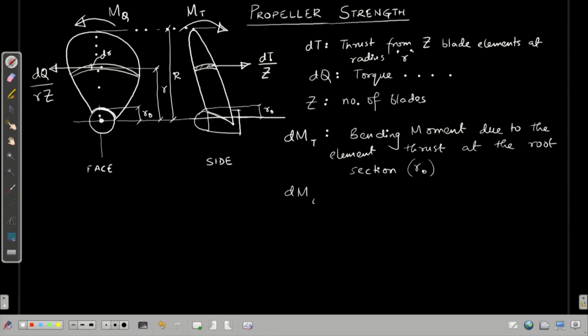Similarly, dM_Q is the bending moment due to elemental torque Q at section r0.